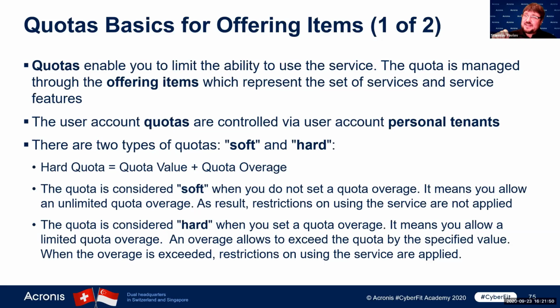And for partner tenant and for folder tenant, as you remember, you can only set soft quotas. But for customer and personal tenants, you can set average as well. And if you reach value plus average, the services connected to this specific quota will stop delivering.